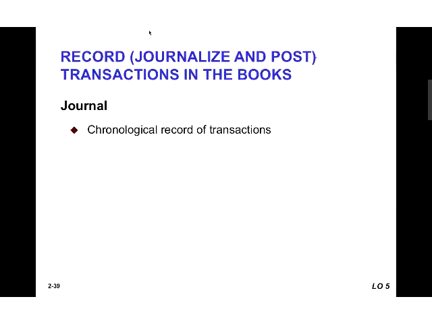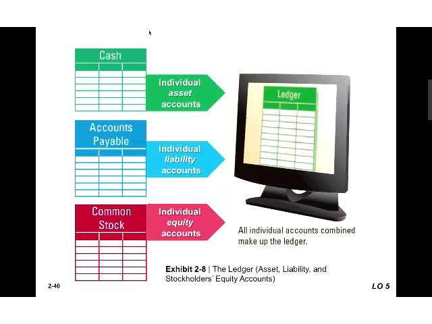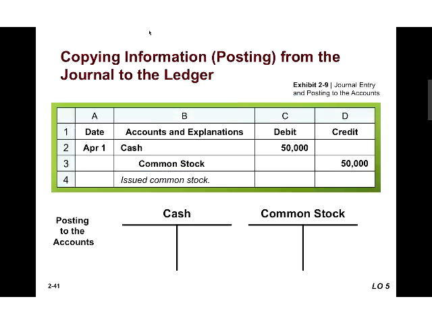A journal is a chronological record of transactions. That's simply saying, here's all our transactions, we've recorded all of them. Then we're going to be posting them, and that's the process of getting the amounts into the accounts.